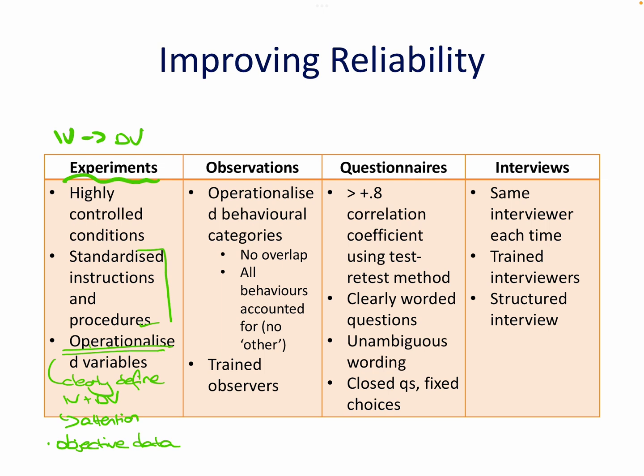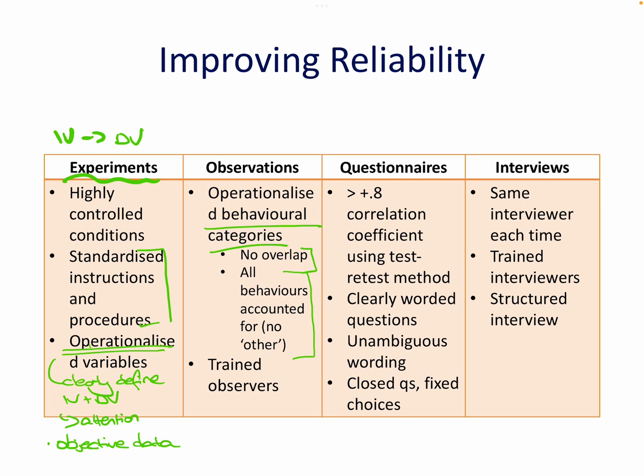In terms of observations, well, we want to start with our clearly operationalized behavioral categories. We want to make sure that they are really defined. We want to make sure that there's no overlap. So before we had football and running, there's overlap there, and that's going to lead to low reliability. We want to make sure that all of the behaviors that we're going to expect are accounted for and that we can record them.